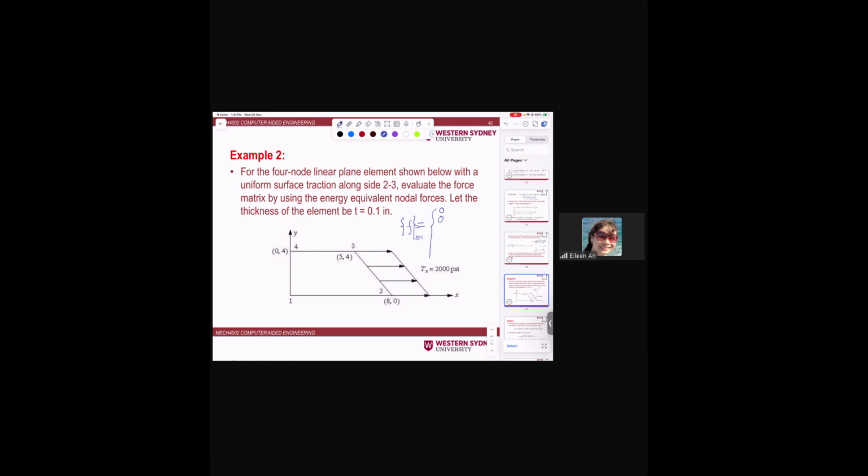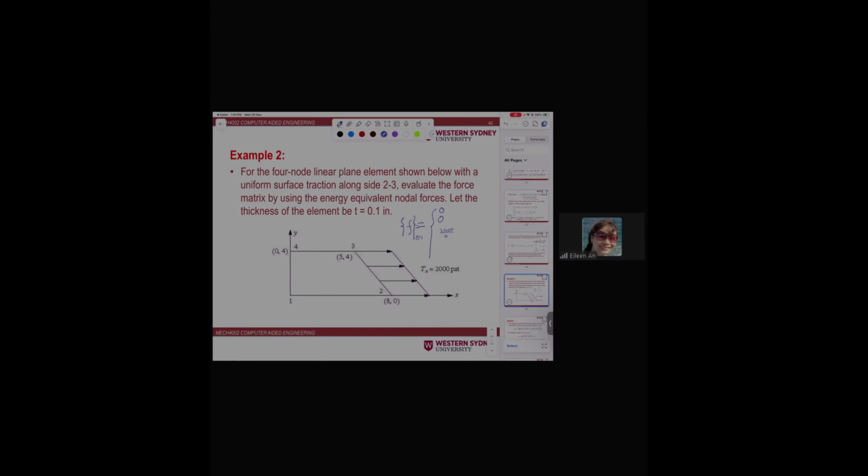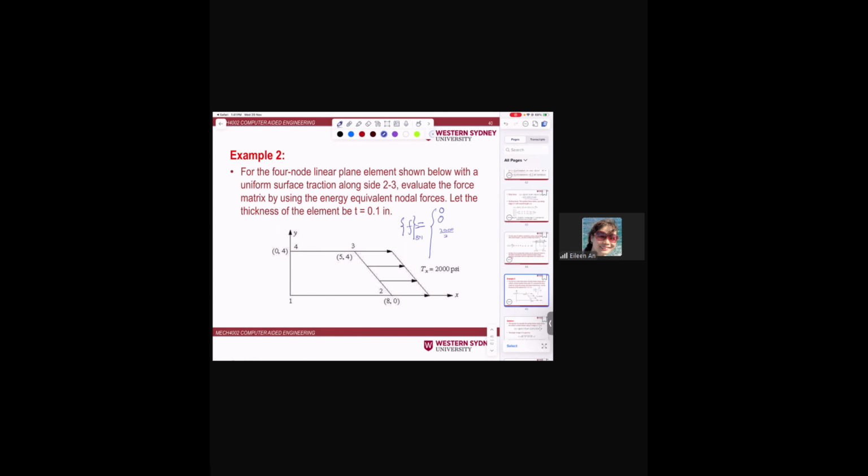2000 divided by 2. This is psi, which means a pressure, right? So 2000 divided by 2 is still a pressure. But this is a node force vector, so it must be a force. How do we convert this pressure to force?